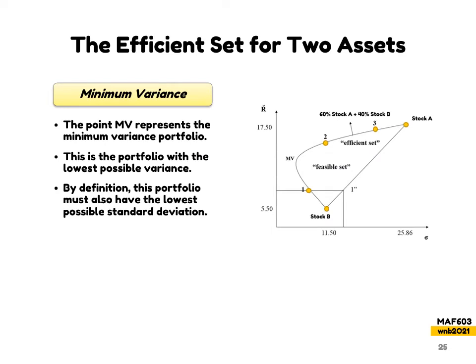Second thing that we can learn from this diagram is about minimum variance. So here I have a MV point. The point MV represents the minimum variance portfolio. When the variance is the minimum, as well as the standard deviation, it means that our risk is at the lowest.